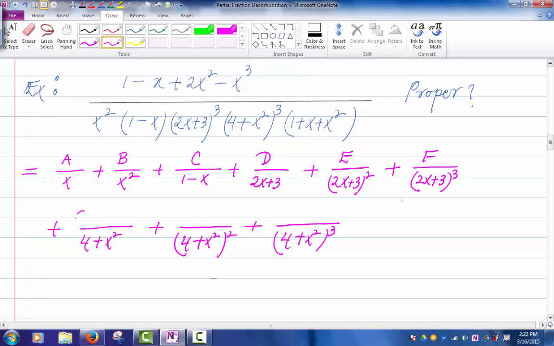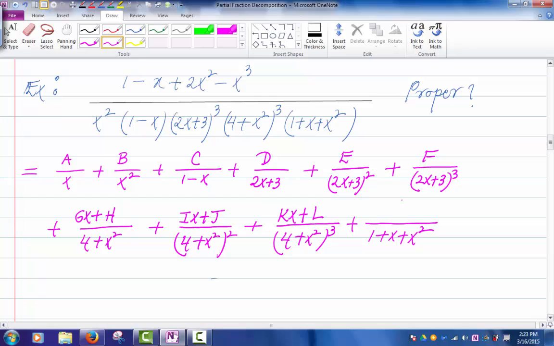Linear, right? So I'm going to get gx plus h, and then I'm going to have ix plus j, and then kx plus L, plus the last quadratic, which is also an irreducible quadratic, but it has multiplicity 1, so I'm going to get only one.